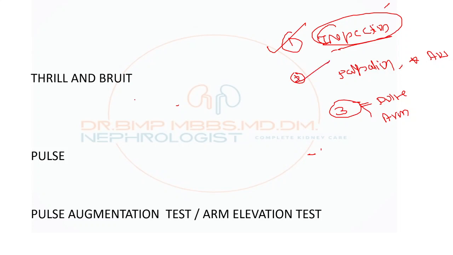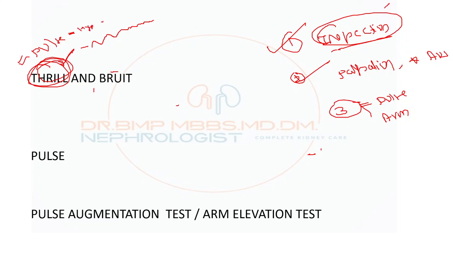What in the palpation? Palpation is the thrill. You can look for the thrill, you can look for the pulse. Presence of the thrill over the fistula, usually it is continuous, having both systolic and diastolic components. Pulse, if it is hypopulsatile, it is not functioning.